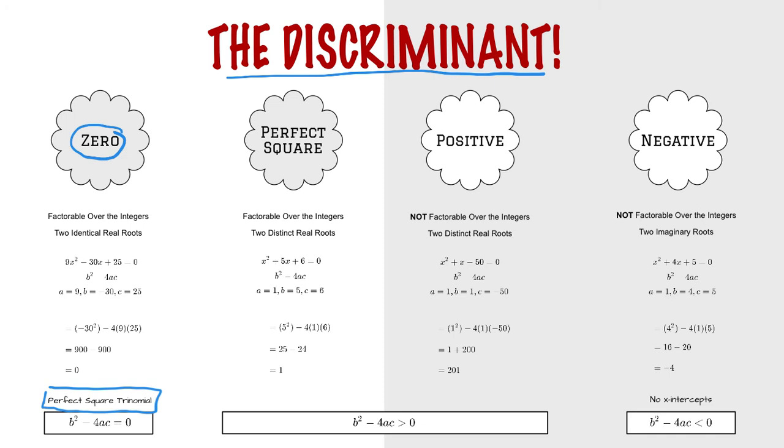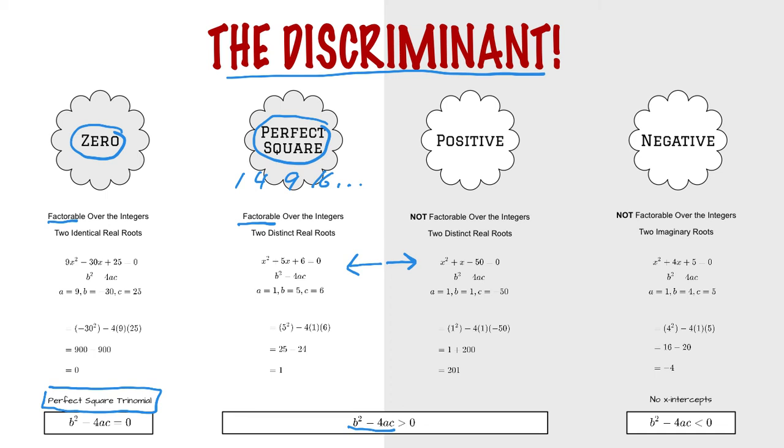If the discriminant, now again, we're just talking about the discriminant, the b squared minus 4ac, ends up being some sort of perfect square, so 1, 4, 9, 16, etc., it's also factorable. So on this side of my chart, you could have factored. On this side of the chart, you absolutely have to use the quadratic formula.